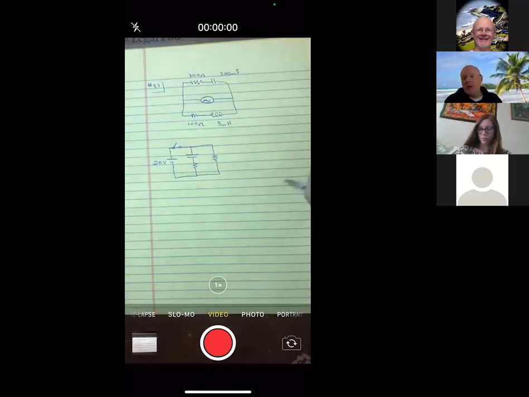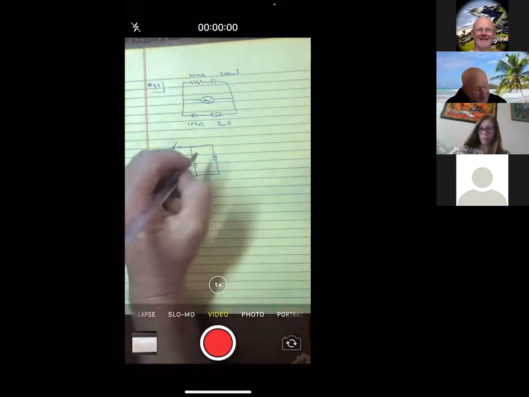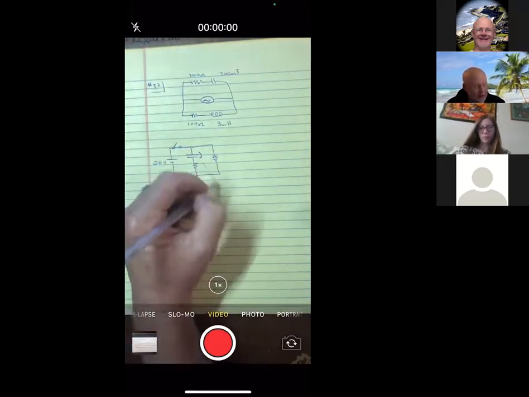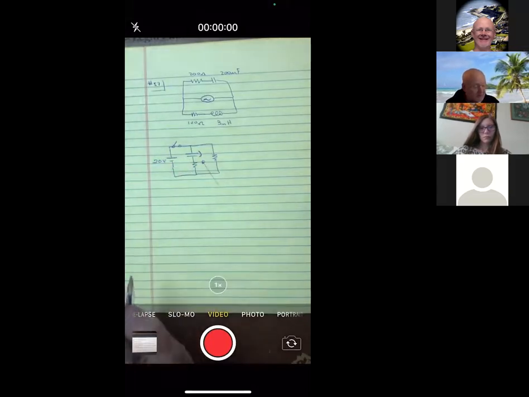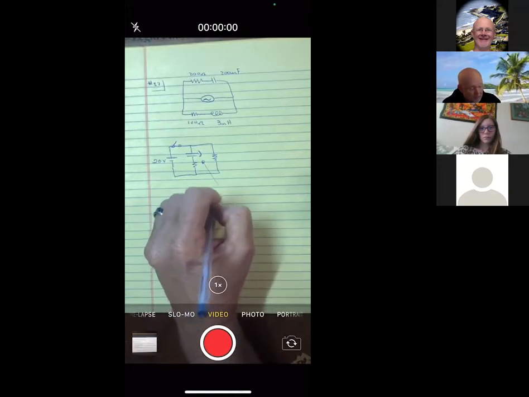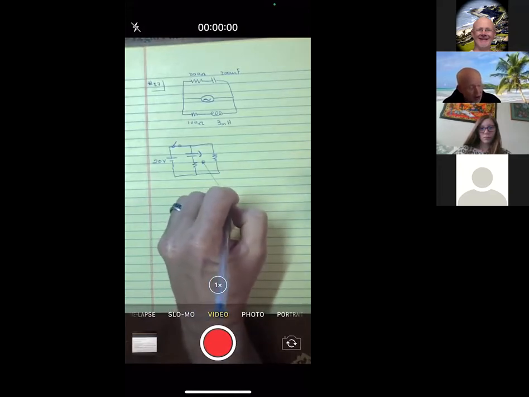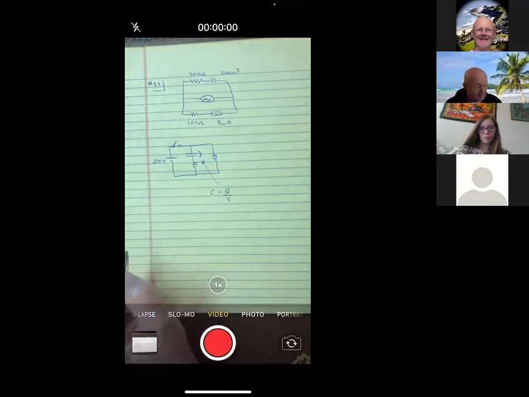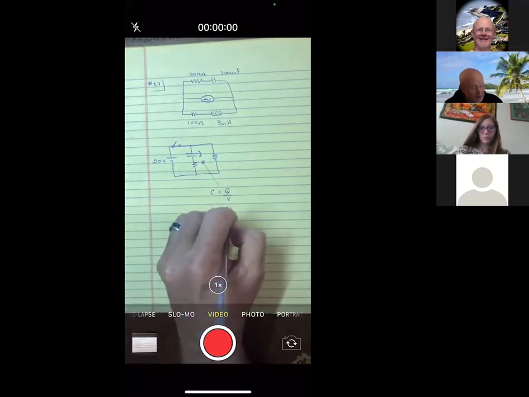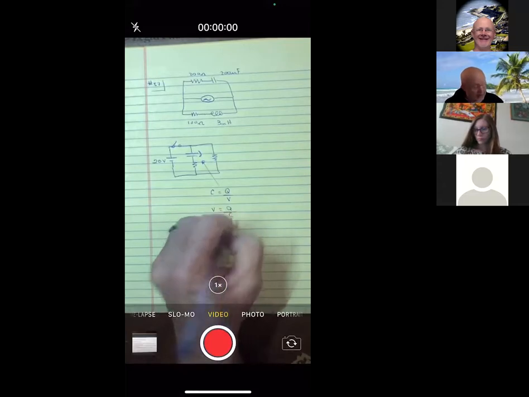Maybe you remember it was part of the exam where it said, what would happen right when you close the switch? Our thinking went along this line: the capacitor's voltage is its charge divided by its capacitance.